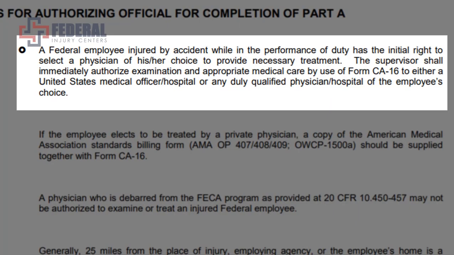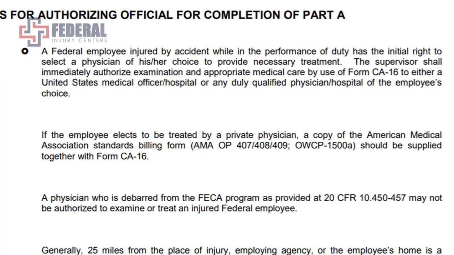As we can see here in this paragraph, what it clearly states is a federal employee injured by accident while in the performance of duty has the initial right to select a physician of his or her choice to provide necessary treatment. The supervisor shall immediately authorize examination and appropriate medical care by use of Form CA-16 to either the United States medical officer or hospital or duly qualified physician or hospital of the employee's choice.